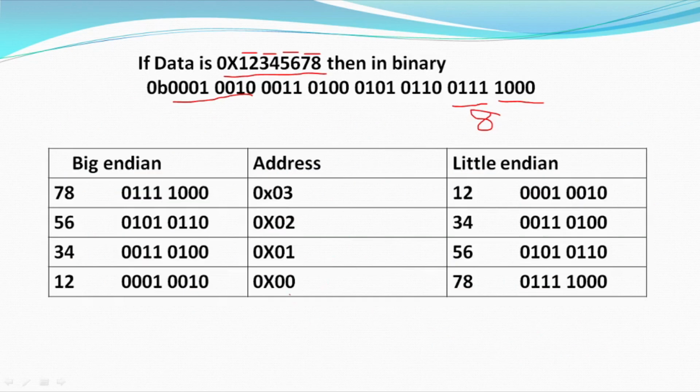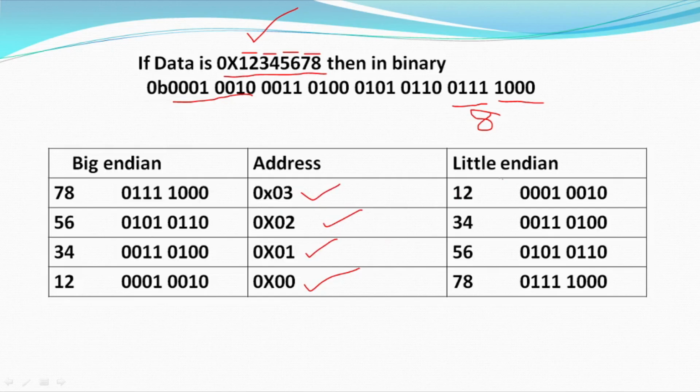So that is the address specified here. What I have written is, in address 0x00, the very initial location, if it is a Little Endian system and the data to be stored is 0x12345678, then the value 78 is stored in the lowest memory location. Next to that we have value 56 stored in the first location, 34 in the second location, and 12 in the third location.